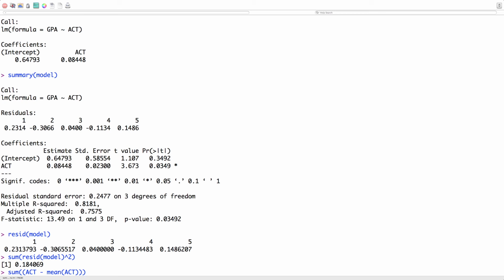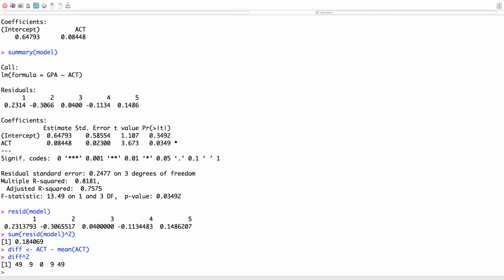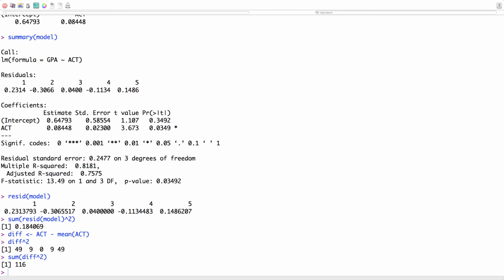I tell you what, I'm going to play this safe. I want to call my differences. I think I was going to be okay there, but I don't want to take that chance. So let's just take the ACTs minus the mean ACT, and call it differences squared. So we'll sum differences squared, and we get the sum of our x sub i's minus x bar squared.